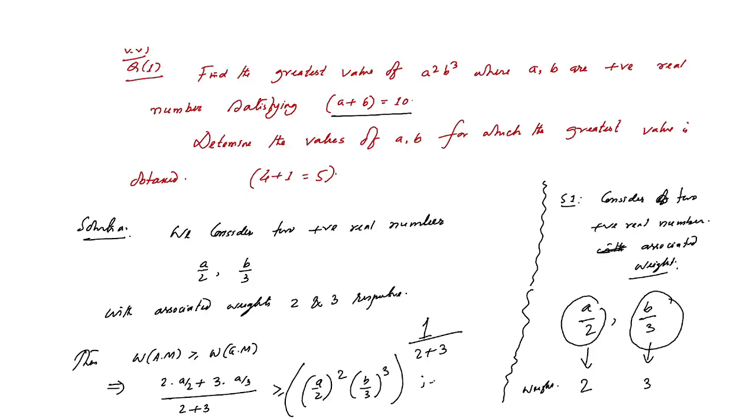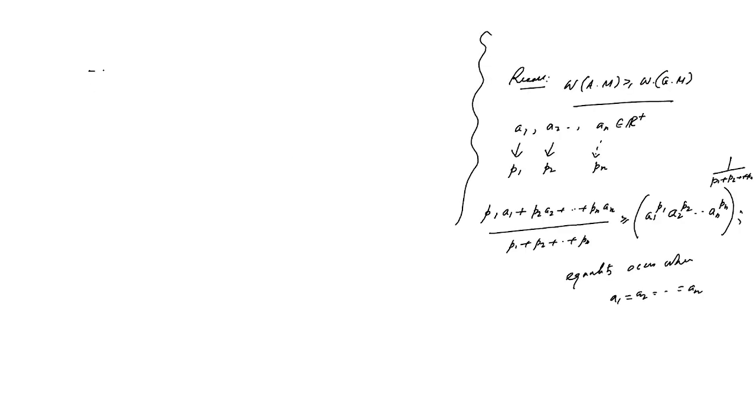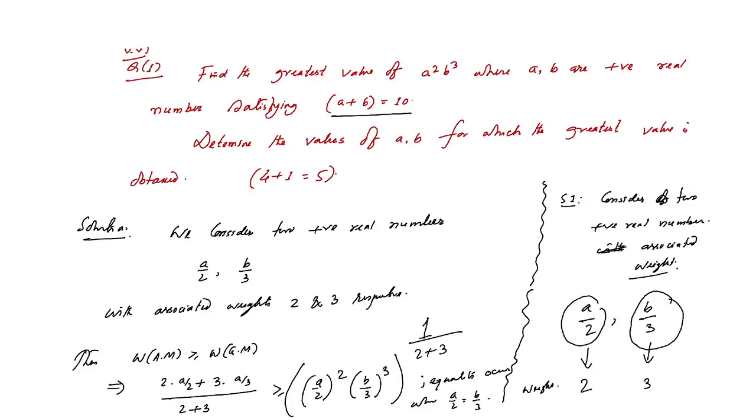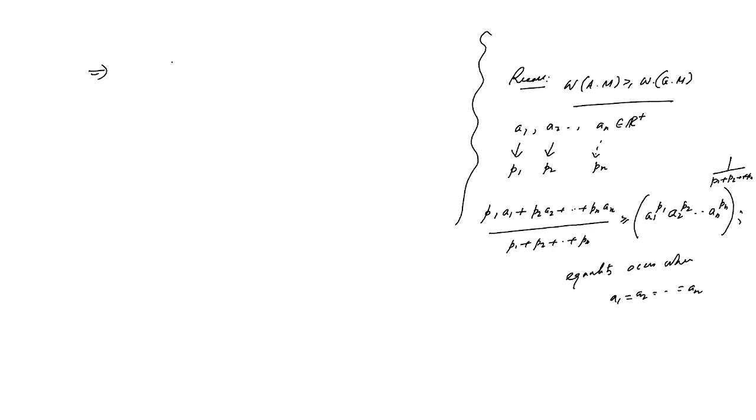Similarly, here equality occurs when a by 2 equals b by 3. So from that what we can write here, 2 cancels out, 3 cancels out, so a plus b by 5 is greater than or equal to (a square b cube by 2 square 3 cube) whole to the power 1 by 5.